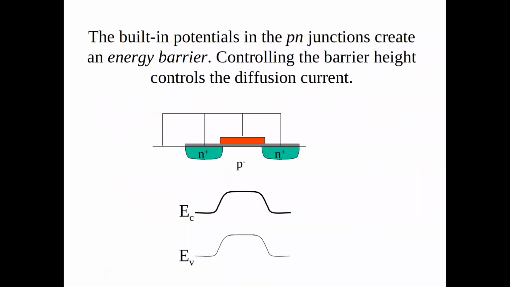So if we put this P-N junction back into the MOSFET, you have a P-N junction on the left, a P-N junction on the right, and your P substrate here. This is what the valence bands would look like if everything is connected together with zero differential voltage.